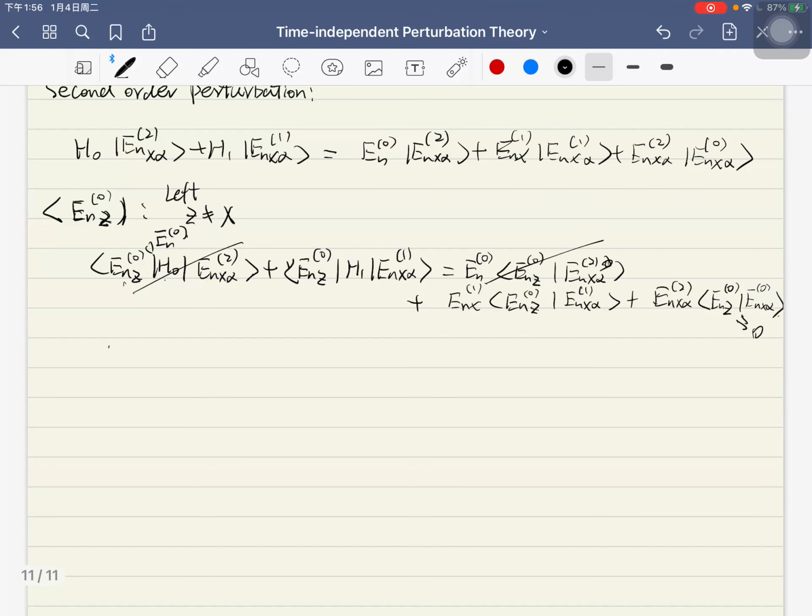We have simplified the equation: <E_nz^0|H1|E_nx alpha^1> equals E_nx^1 <E_nz^0|E_nx alpha^1>.